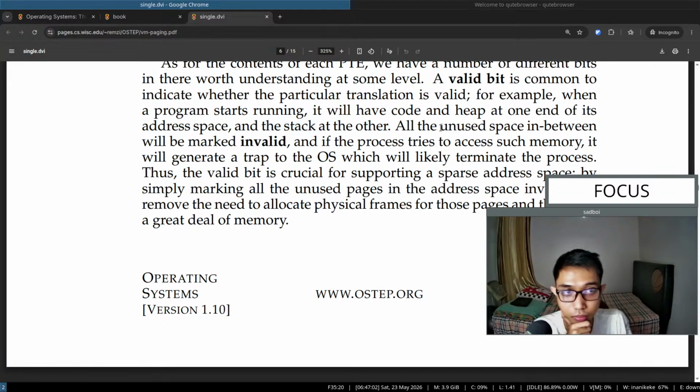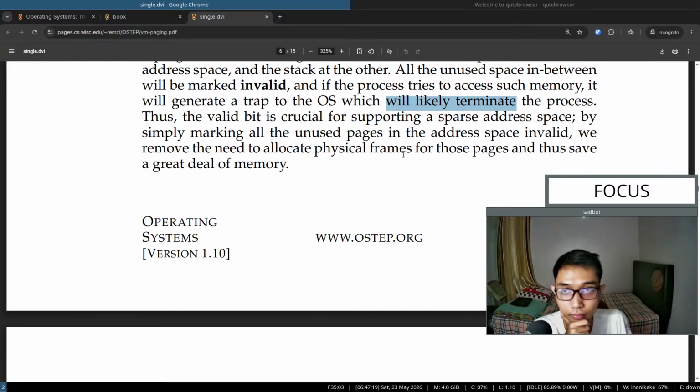All the unused space in between will be marked invalid, and if the process tries to access such memory, it will generate a trap to the operating system, which will likely terminate the process. Thus, the valid bit is crucial for supporting a sparse address space. By simply marking all the unused bits in the address space invalid, we remove the need to allocate physical frames for those bits and thus save a great deal of memory.